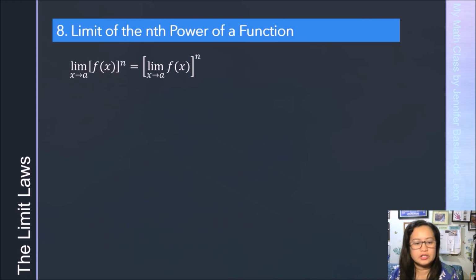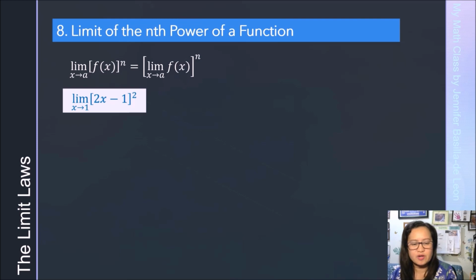Now what if we have the limit of the nth power of a function? So with this, let's have an example. Let's say we have the limit of the square of 2x minus 1 as x approaches 1. Applying the same strategy, we evaluate the given function at x equals 1.